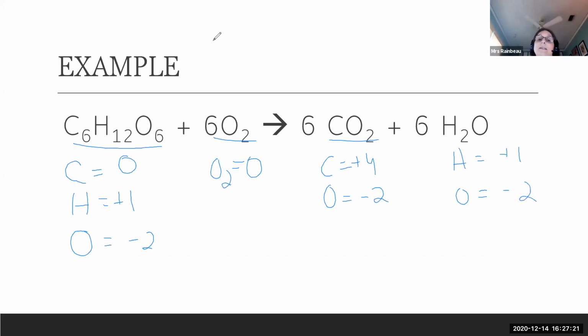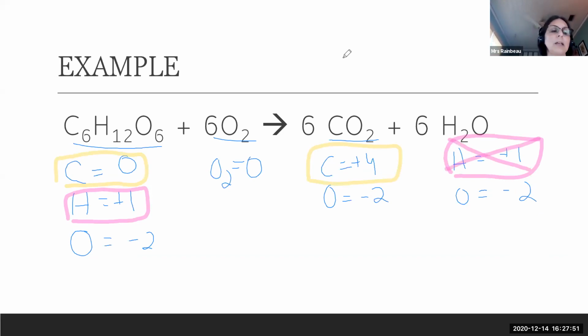All right, so now what we need to do is look at everything and see where there's a change in the number of electrons. The first thing I'm going to do is look at carbon. I start with carbon here, and I have 0 here, and I have 4 here. So that means that this is a redox reaction. But let's look at everything else. The hydrogen is +1 here, and the hydrogen is +1 here.